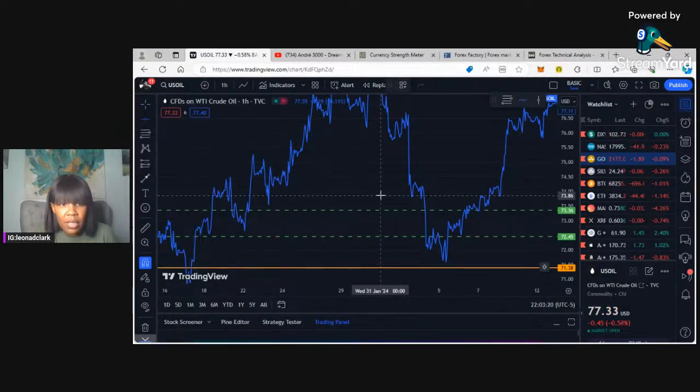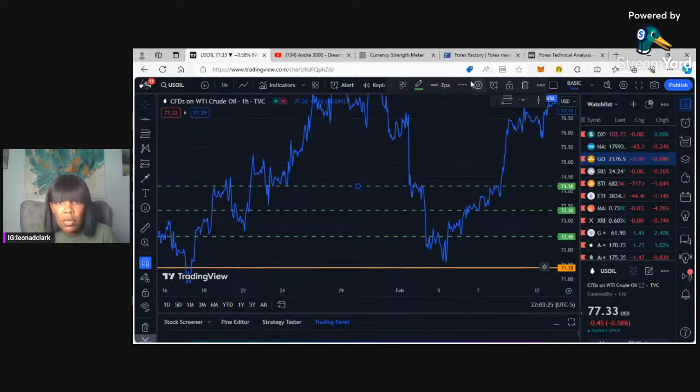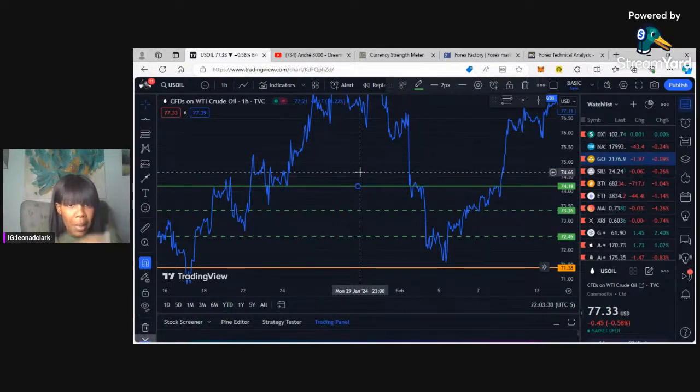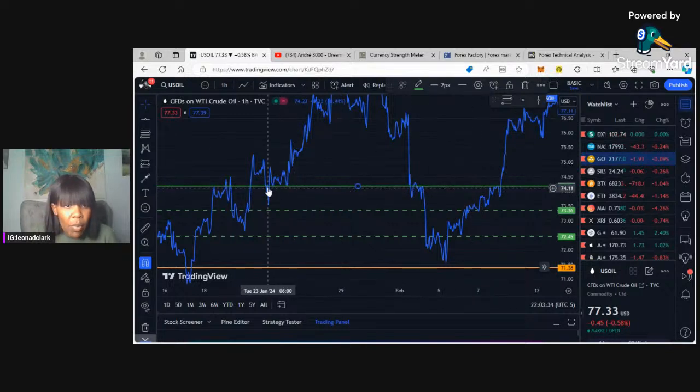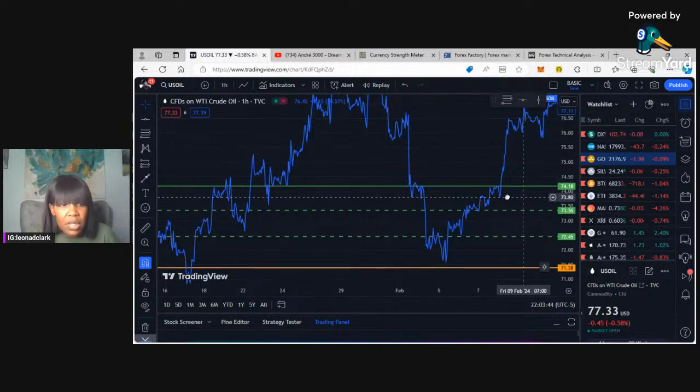It helps me to identify my supply and demand zones. That's what those are for. Okay, so looks like we got a lot of touches on this one. So we got 1, 2, looks like maybe one more for support, so 3, and then we got resistance 2. So we had support back here and it turned into resistance over here.